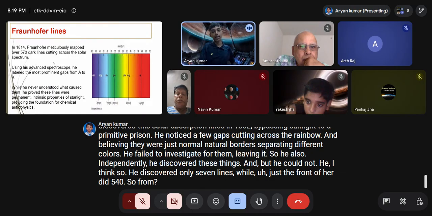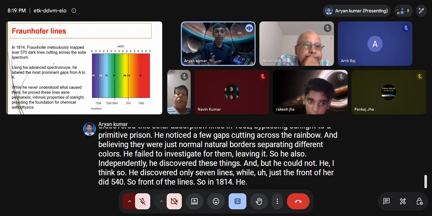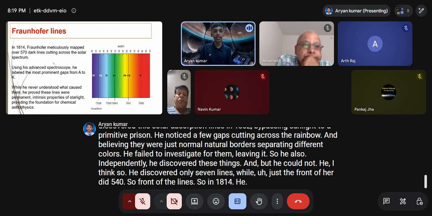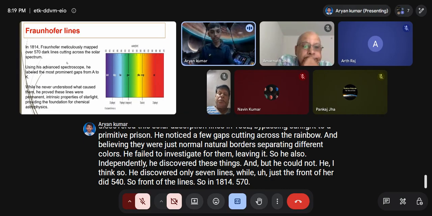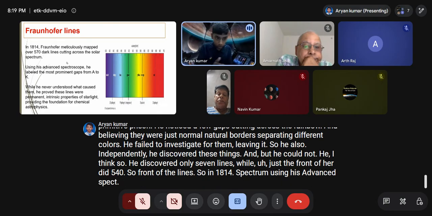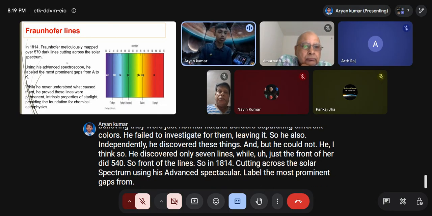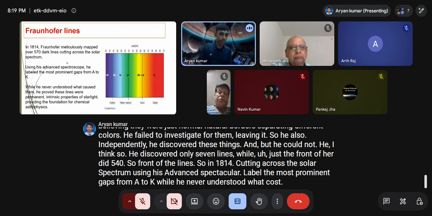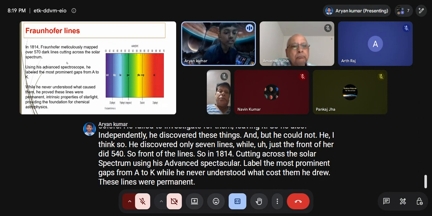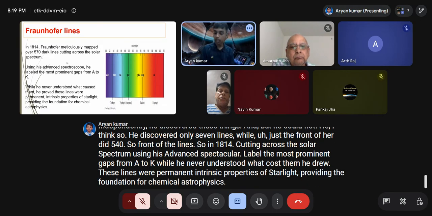So Fraunhofer lines. In 1814, he mapped over 570 dark lines cutting across the solar spectrum using his advanced spectrograph. He labeled the most prominent gaps from A to K. While he never understood what caused them, he proved these lines were permanent intrinsic properties of starlight, providing the foundation for chemical astrophysics.